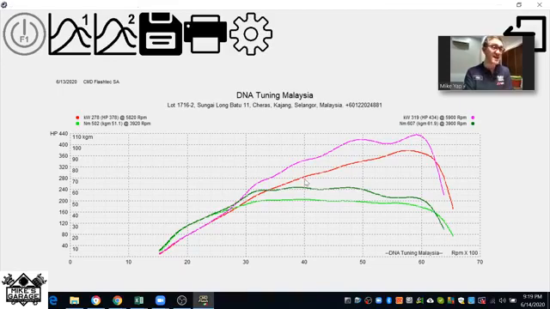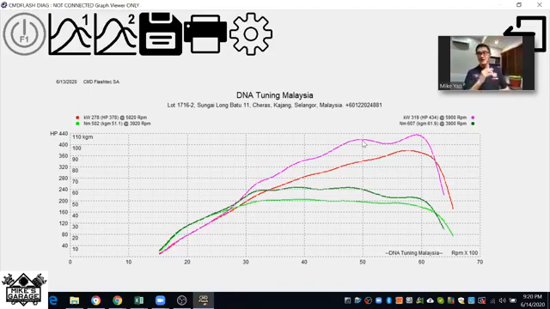Originally you are kicking out about 290, 300 horsepower, and with the tune file we are kicking out 330 to 340 horsepower at the same rpm. That is quite a significant jump of about 30-40 horsepower. At 5000 rpm, the stock file is kicking out approximately 340 horsepower, and with the tune file we are kicking out 410 to 420 horsepower.